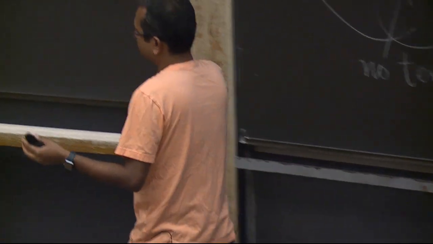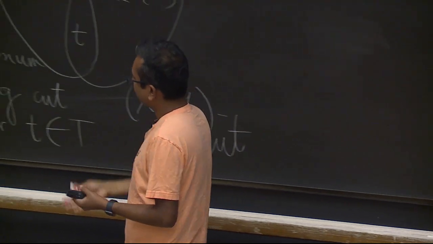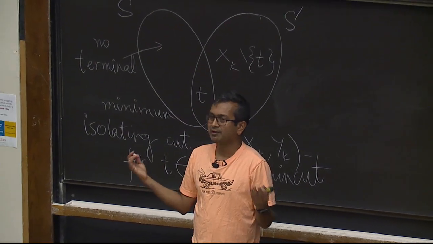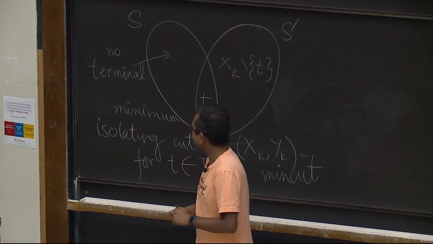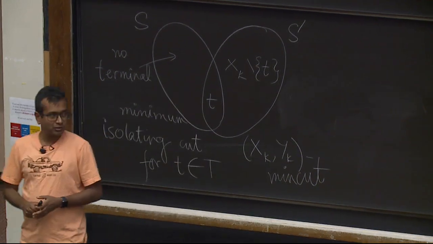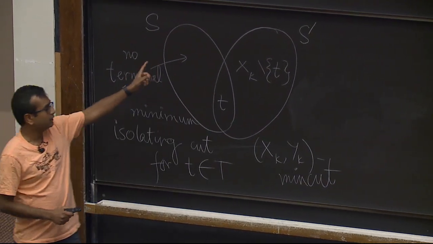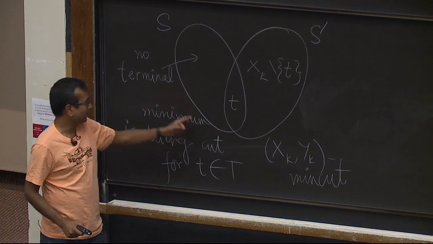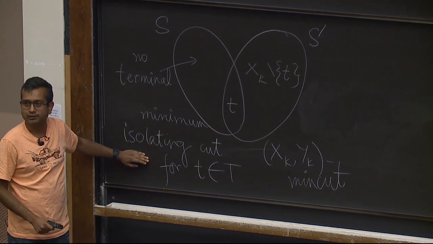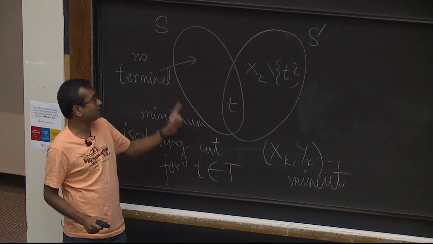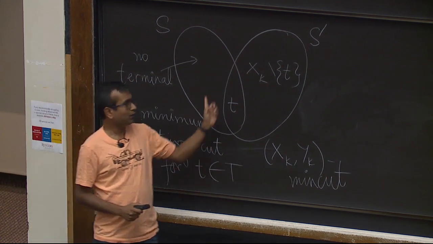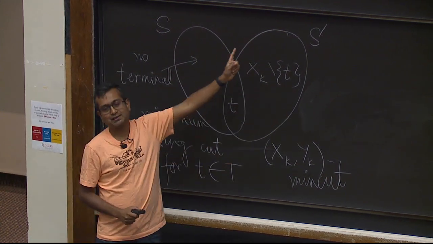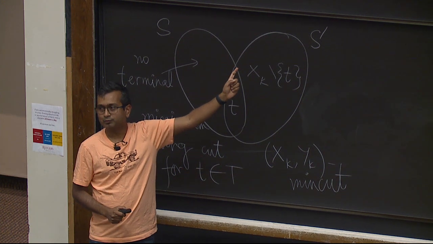Okay. So let's look at why that happens. Why does the minimum isolating cut survive these contractions? So let's say it does not, in which case there must be some kind of a crossing that happens between my minimum isolating cut for some terminal T. So let's say this is my cut, and one of these xk, yk min cuts that I had obtained.